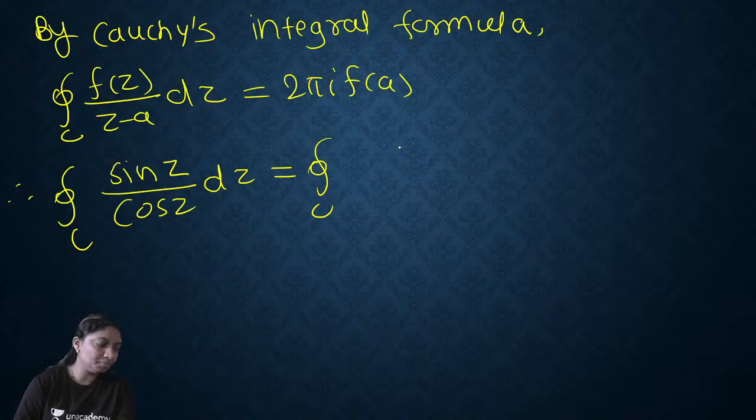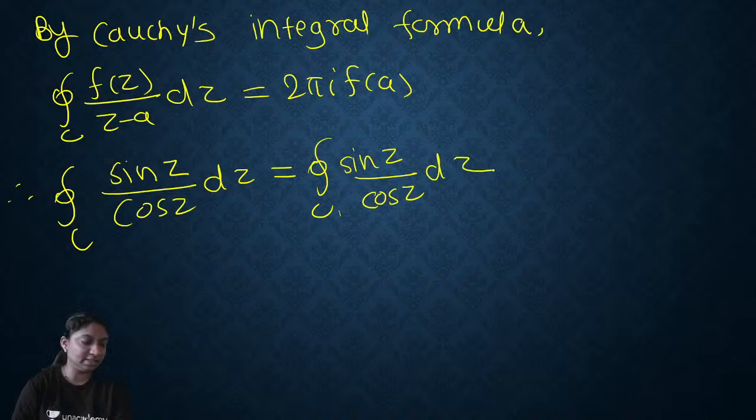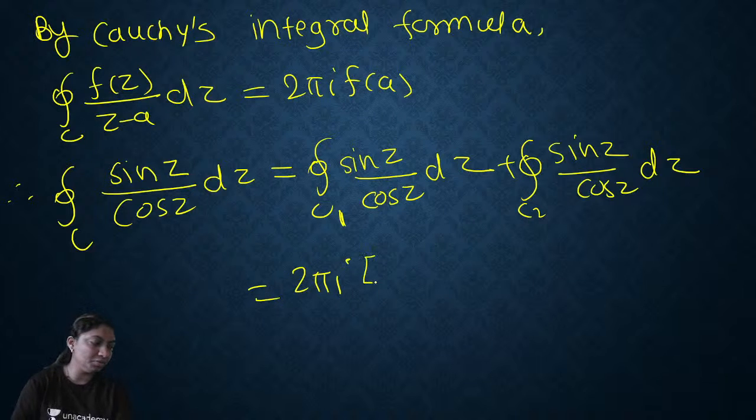is equal to the integral over C1 of sin z upon cos z dz, on curve C1, plus the integral over C2 of sin z upon cos z dz, which is equal to 2 pi i into f of a.